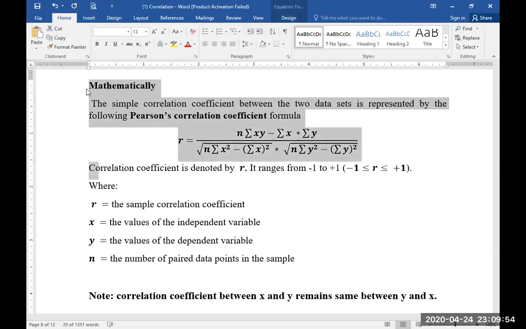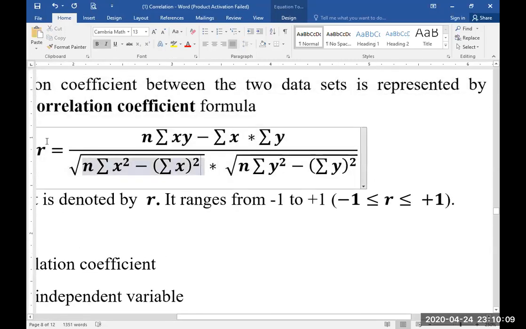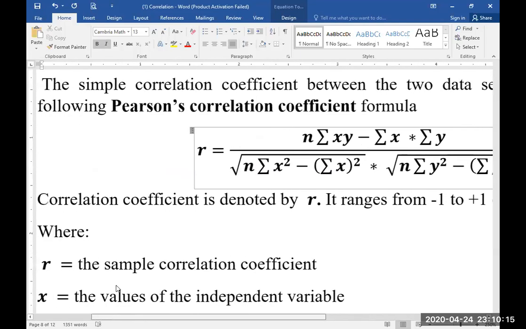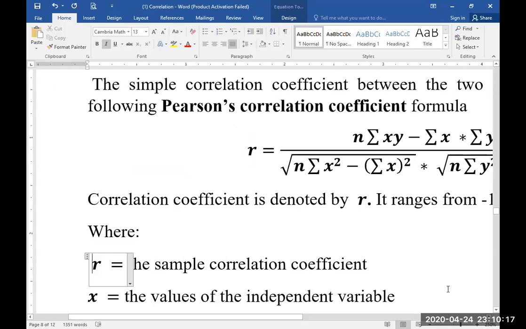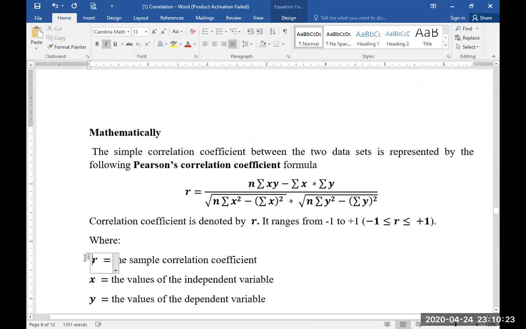The correlation is denoted by r, as we have studied earlier, and the formula expressed in this mathematical form belongs to the correlation coefficient.